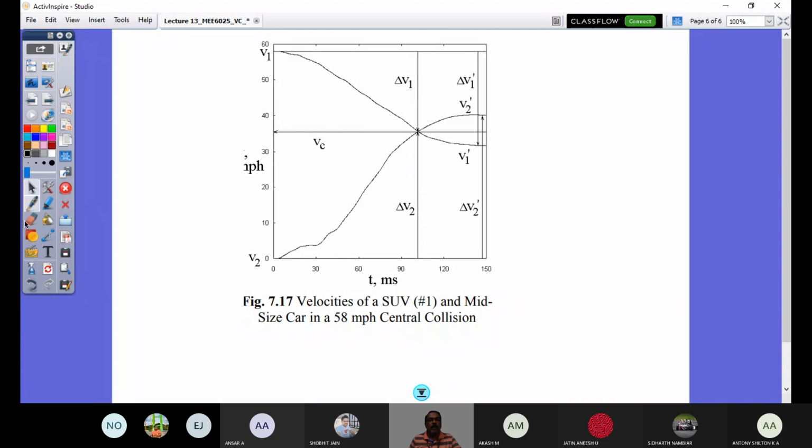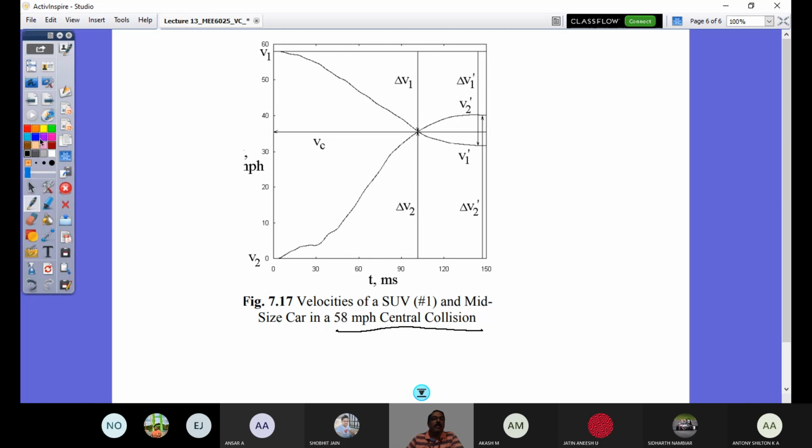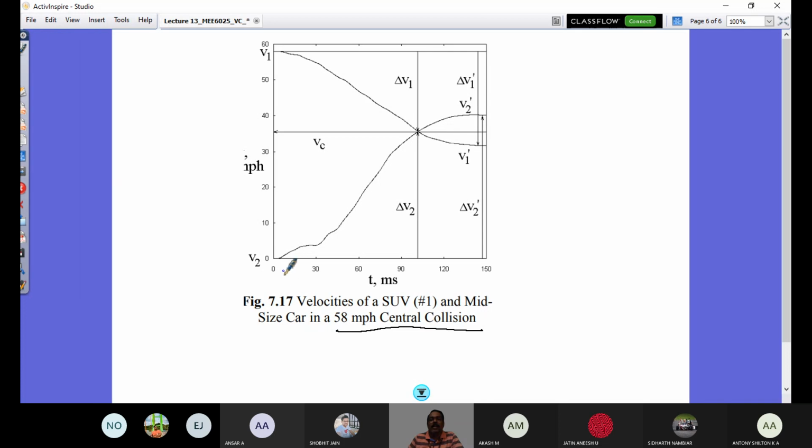So this picture now shows the velocities of an SUV with a mid-size car hit at 58 miles per hour in central collision. You can see here the scale in horizontal is in milliseconds. So it's 0 to 150 milliseconds. That's very close to the common velocity that we have seen.